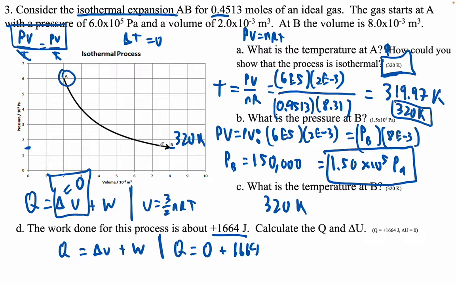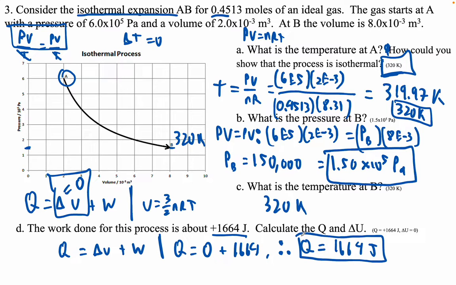By the way, on the website, when I go over these processes initially, I show you how to integrate and get the work done. It's not too hard. It's just the integral of 1 over whatever. So therefore, Q has to be 1664. What happens here is that heat flows in, and the heat is directly converted to work.